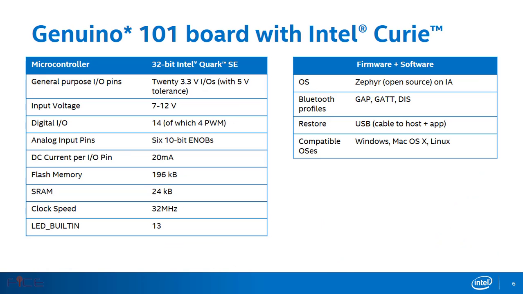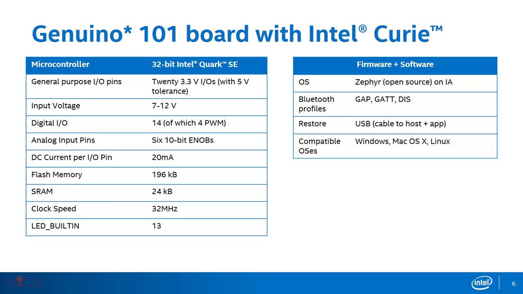Let's have a glance at the features of Intel Genuino 101 board. It operates at 3.3 volts with a 5 volt tolerance, as Quark belongs to the low power series family, while it supports 7 to 12 volts input DC voltage. It has 14 GPIOs, out of which 4 can be used to generate PWM signal. Intel Genuino also has an onboard ADC with 6 pins to connect analog sensors with the board, while DC current per input-output pin is 20 milliamperes.